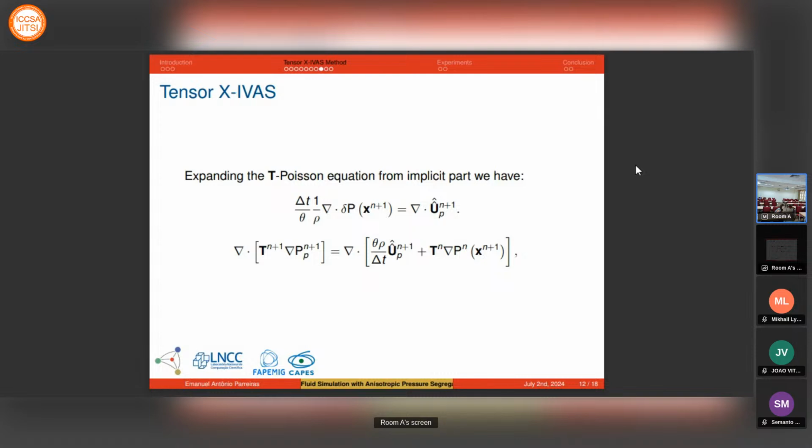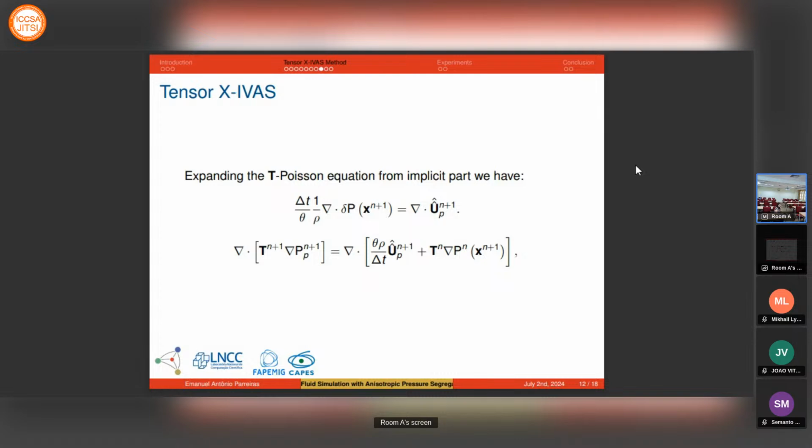We expand delta p: we have the gradient of p^(n+1) as the unknown on the left-hand side, and on the right-hand side we have p^n, which we already know from the last step. So this is a linear equation.